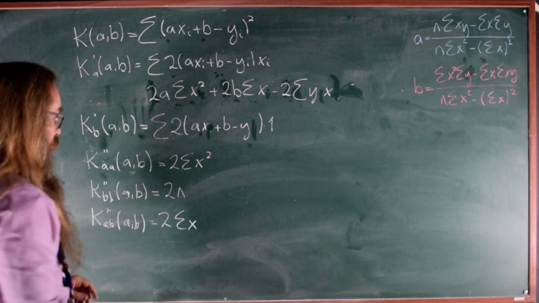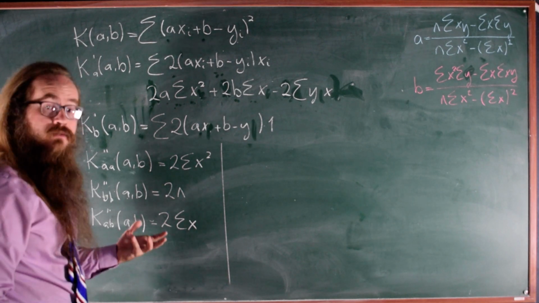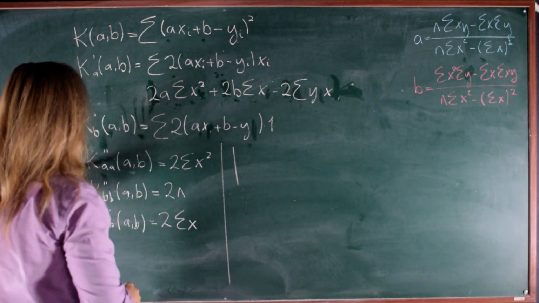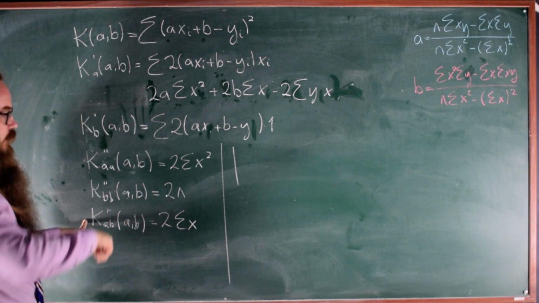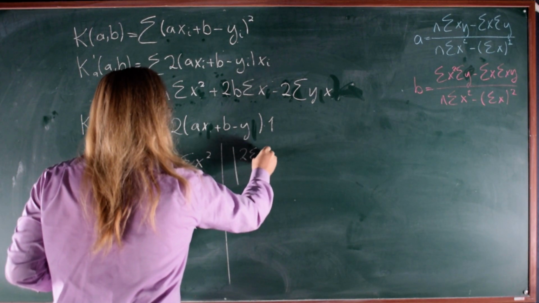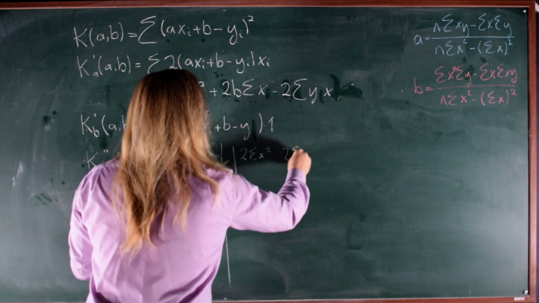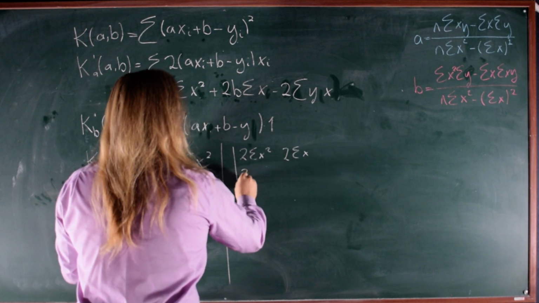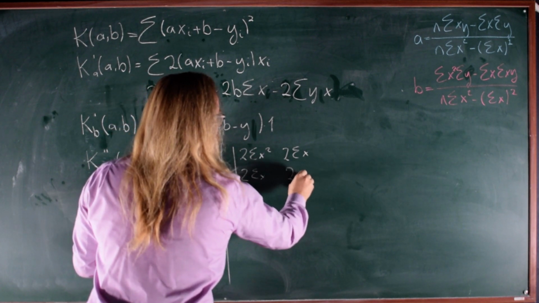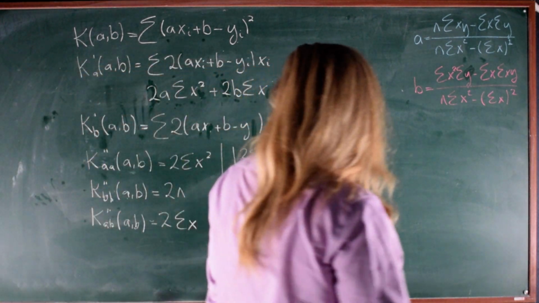Beautiful. Well, then the formula says that I have to take the Hessian matrix, or the Hesse matrix, which is this on the diagonals and then this on the off diagonals. That's going to be 2 sigma x squared here and then 2 sigma x, 2 sigma x, and then the 2n here. I have to take this matrix and find the determinant of this matrix. All right?